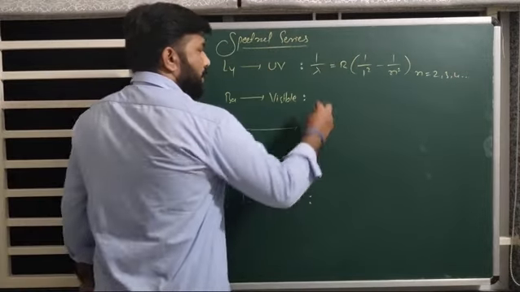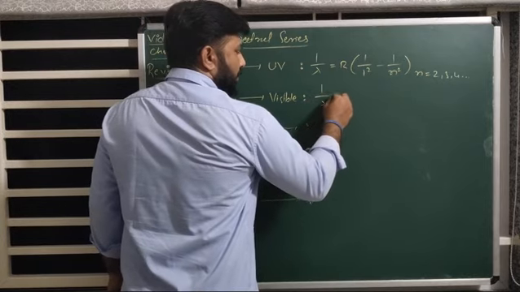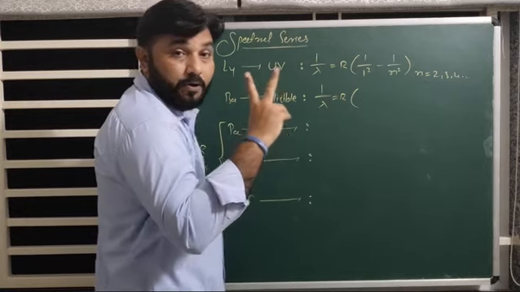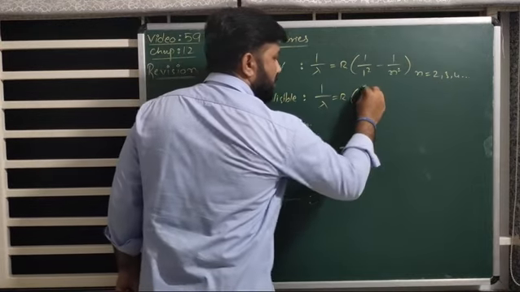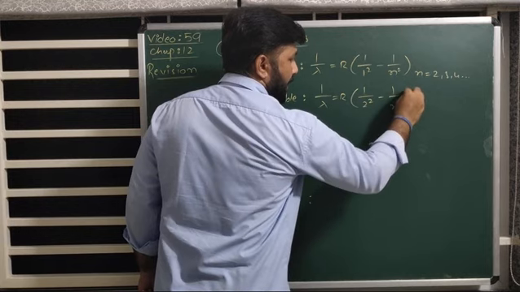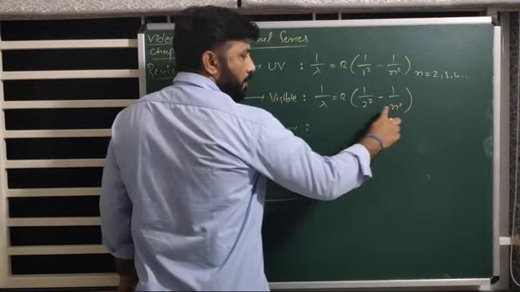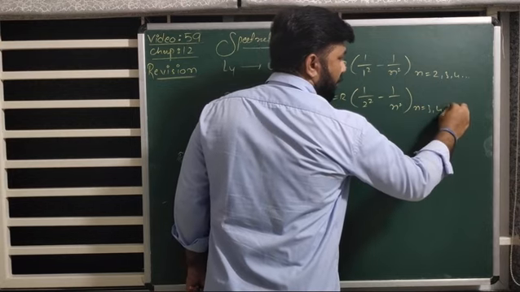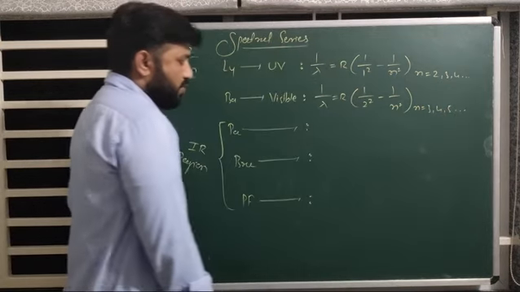Now it is very easy for Balmer, the second series: 1 upon 2 square minus 1 upon n square, with n value starting from 3, 4, 5 and so on.